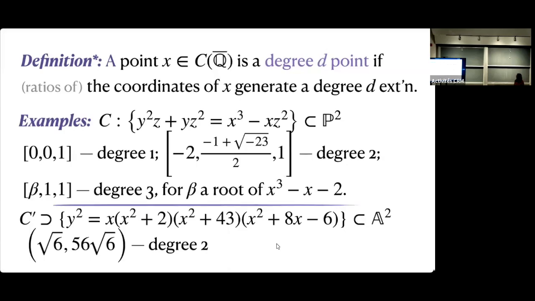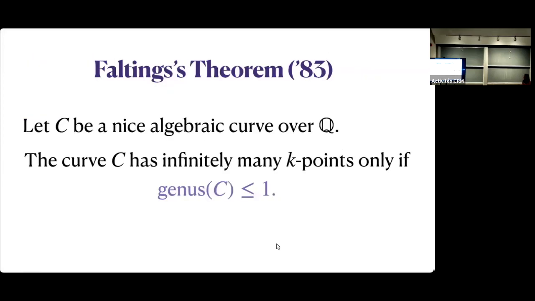And so one of the main things I want to talk about today is this theorem of Faltings. This is a great example of geometry controlling arithmetic. And here, this was focused on the arithmetic property of having infinitely many points over a fixed finite degree extension. So I'd like to think about what the analog should be if instead of asking for infinitely many k points, you ask for infinitely many degree d points.